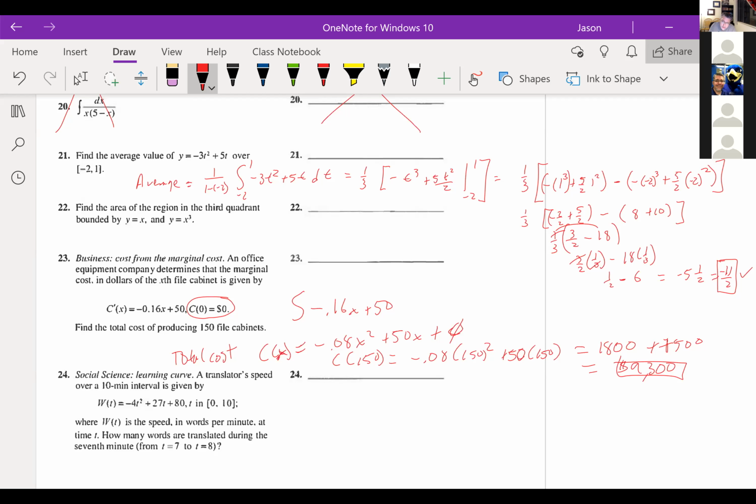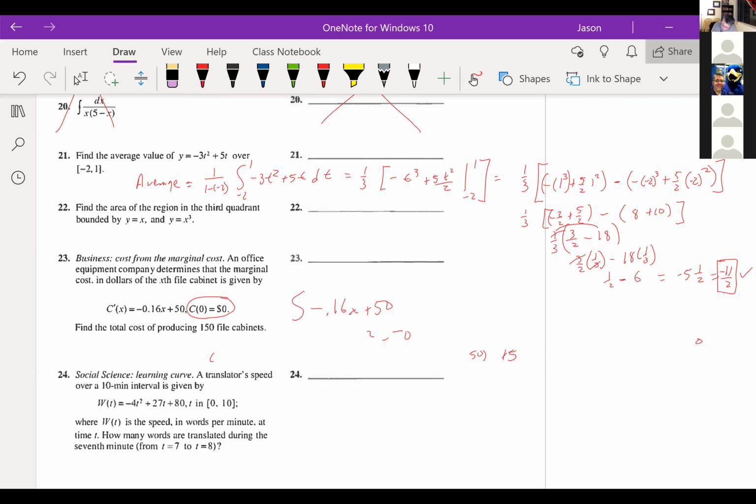Screwed that up. How did I screw that up? I messed up somehow. Yeah, let's try that again. Oh, wait, no, that's right. Total cost of producing 150 cabinets.